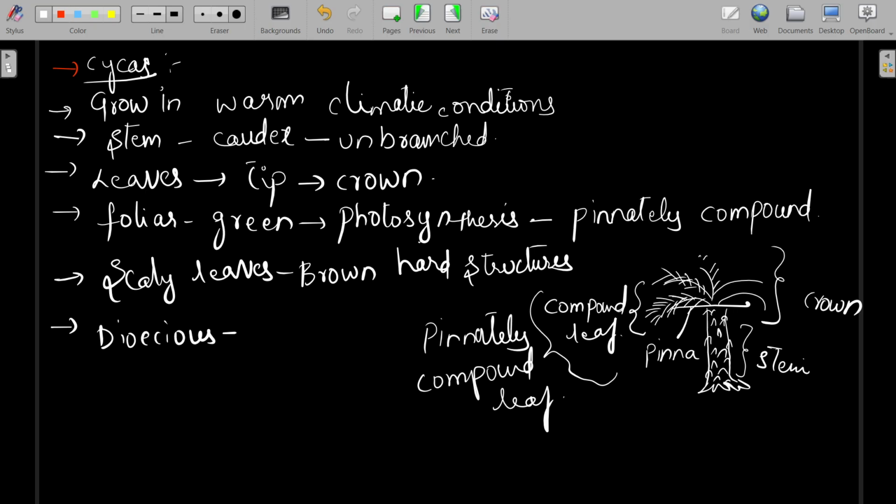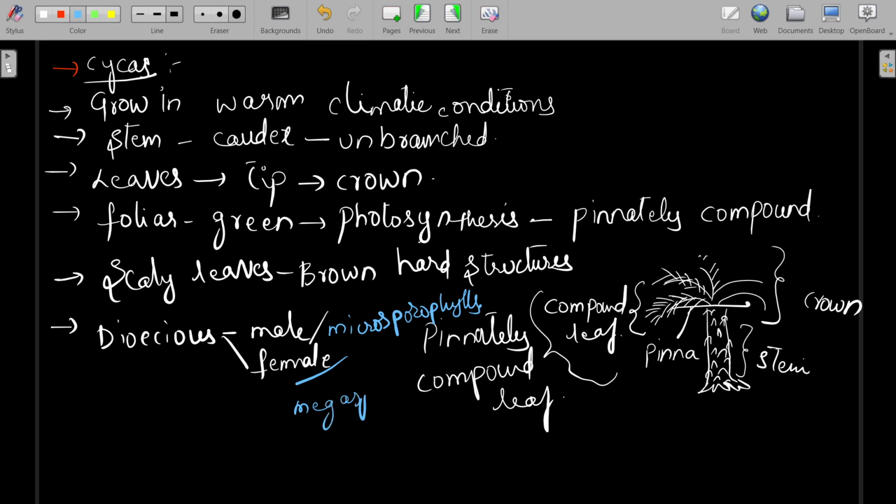That means male and female plants are separate. The male plants have cones made of microsporophylls, and the females have megasporophylls.